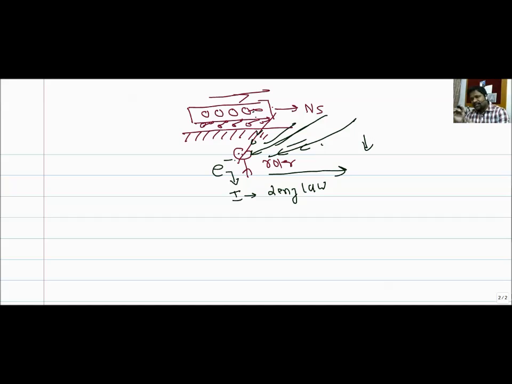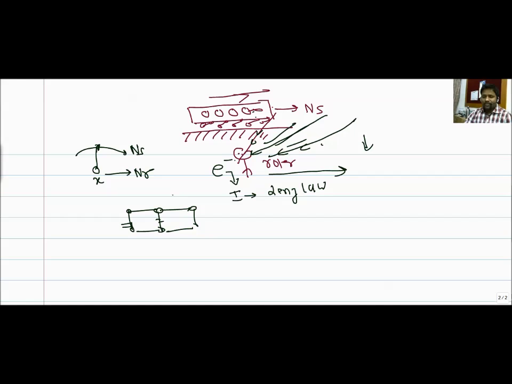So the rotor starts rotating in the same direction and tries to catch the synchronous speed of the rotating magnetic field. But the rotor never operates at synchronous speed. Let us suppose this is conductor X, whose speed is NR, and this is the rotating magnetic field, NS. If both are moving in the same direction, then there is no change in the magnetic field.